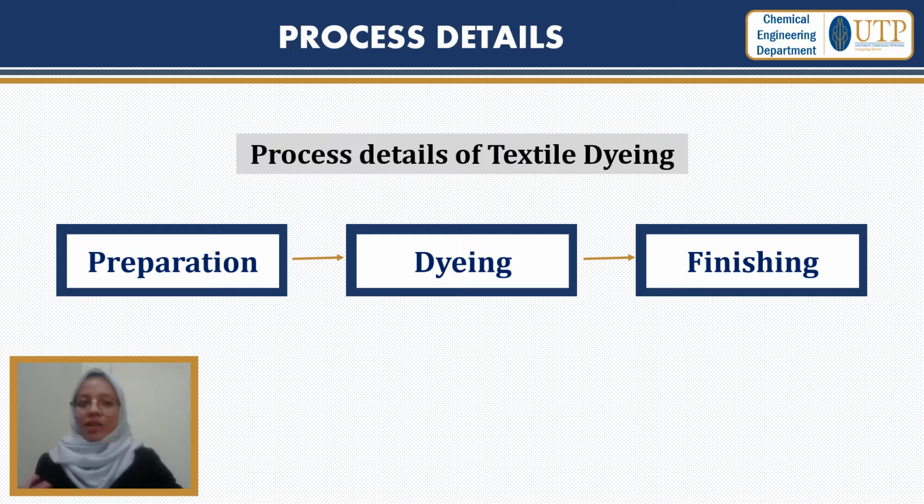These kinds of chemical aids are added to the textile in order to achieve uniform depth of color with the color fastness properties appropriate for the fabric's intended use. Diffusion of the dye into the liquid phase, adsorption onto the outer surface of the fibers, and finally the diffusion and adsorption on the inner surface of the fibers are all included in the dyeing process.